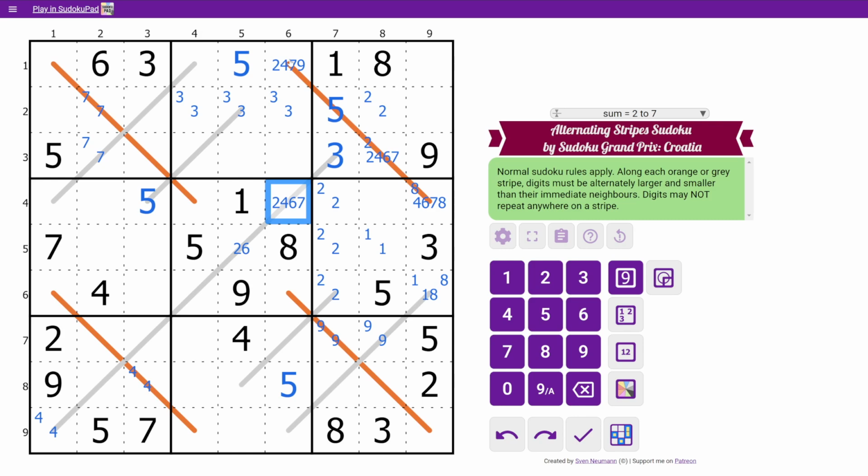But this one can only be a 2 or a 6. And if this was a 6 or a 2, this couldn't be a 7 because it would be higher than both sides. I think that is correct.